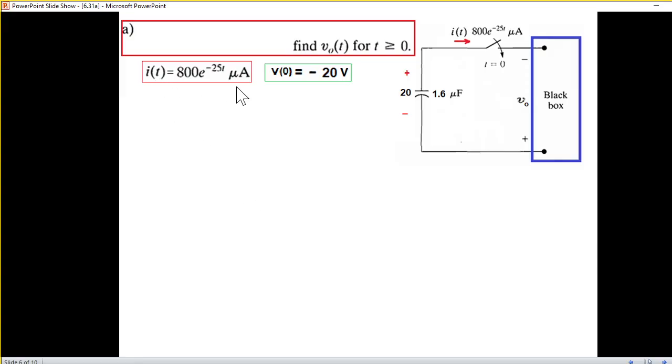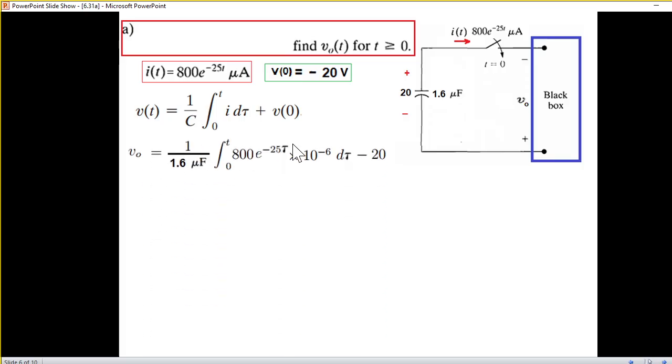The current is given and the initial voltage we have found, so we'll now apply the formula. The equivalent capacitor we found is 1.6, so we use that. This is the current, and v0(0) is minus 20, so we write plus minus 20. Then simple integration: we take out all the constants, so we just need to integrate e raised to the power minus 25 tau d tau.